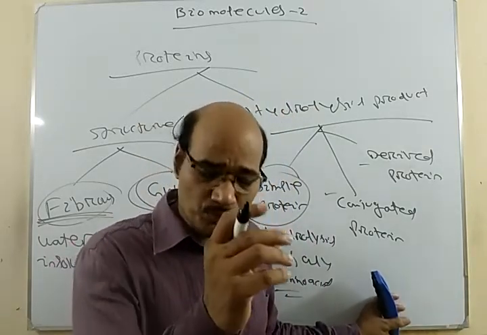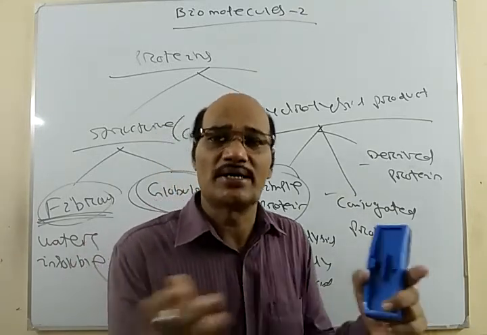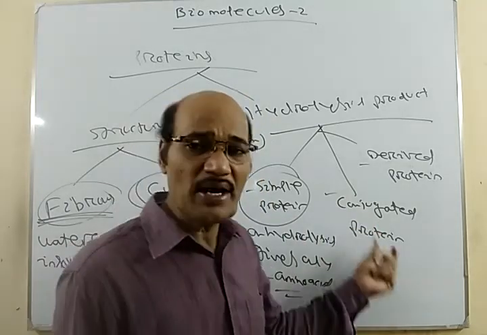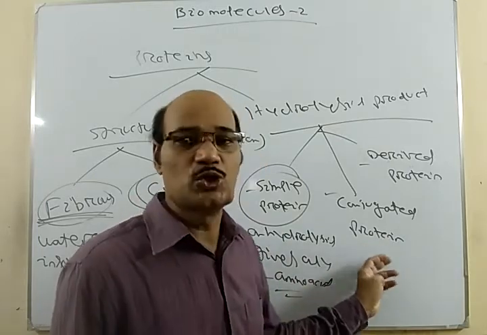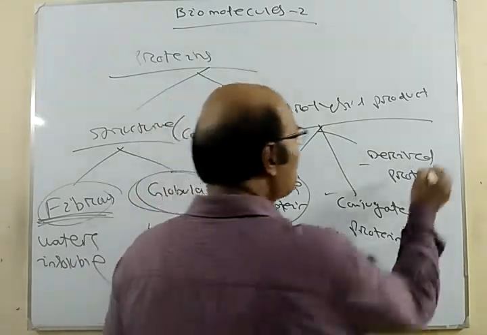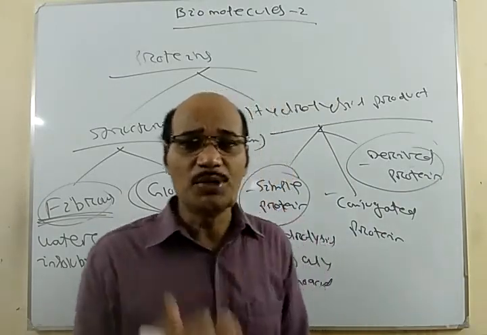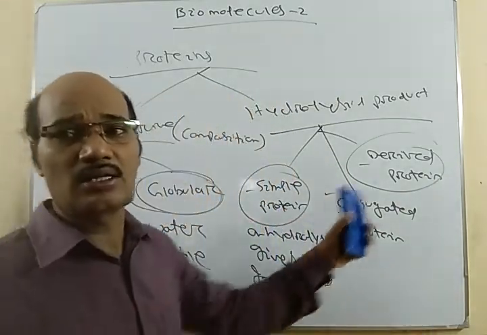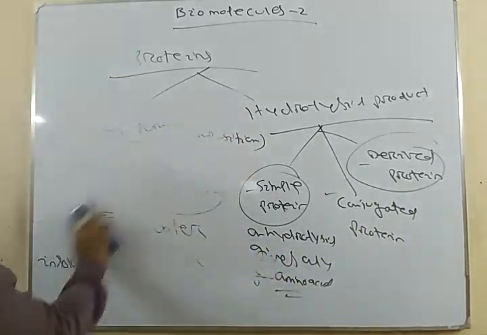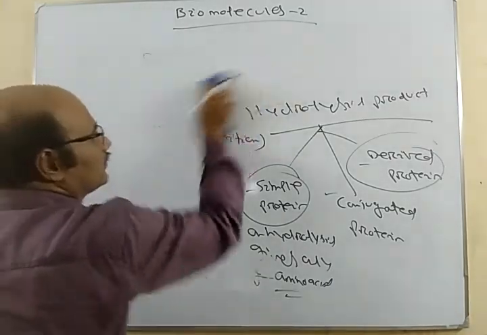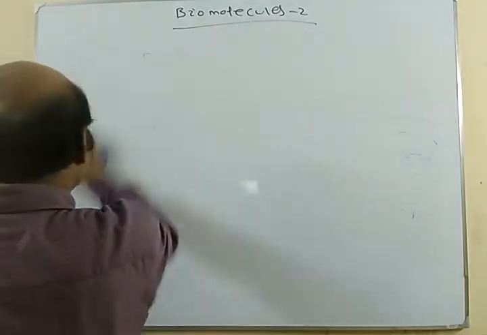One is the proteinous substance and another one is the non-proteinous substance attached. So one protein part and one non-protein part are attached to each other. That is called a conjugated protein. And derived proteins are those which are derived from simple proteins. So those proteins which are derived from the simple proteins are called the derived proteins. Now the structure of protein.